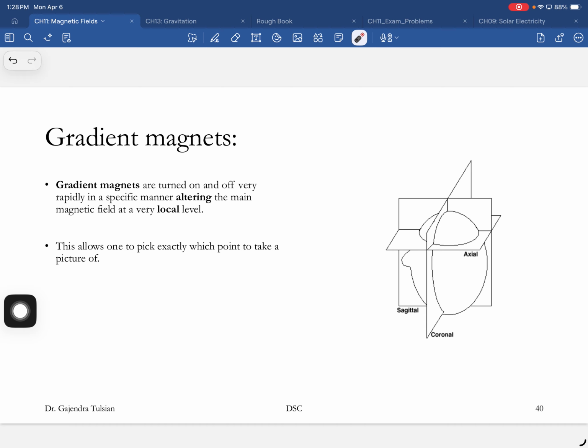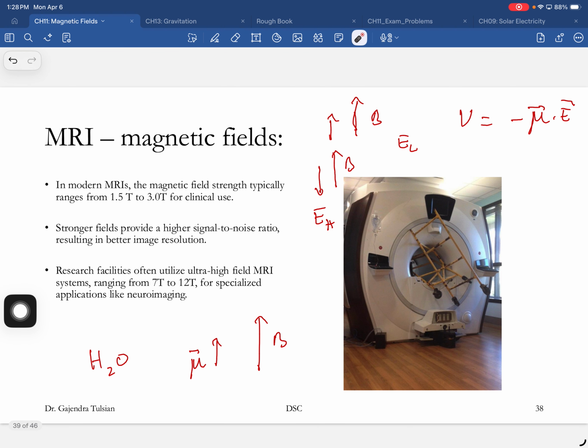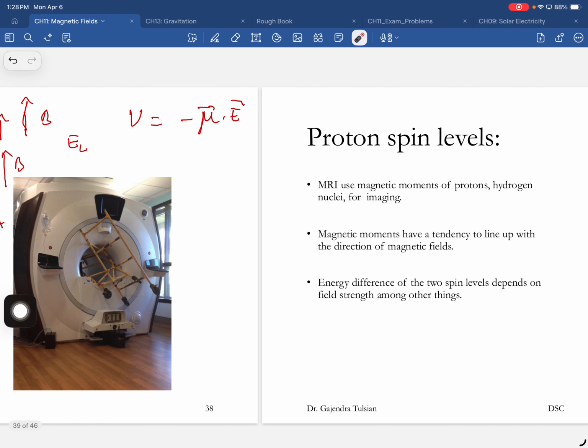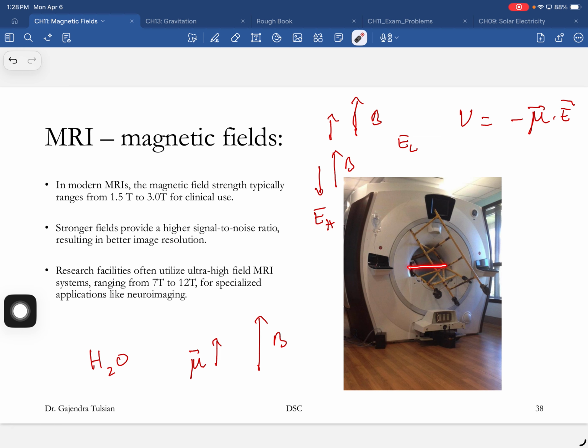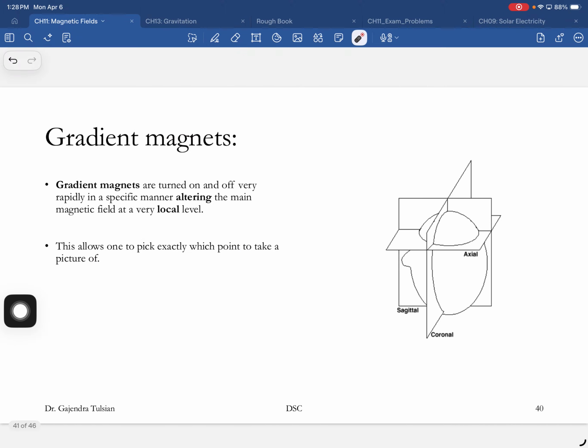So here's what they do. Inside there, the field is, let's say, 3 Tesla, but then they have gradient magnets which make sure that the field is different at every location in that grid. So these are gradient magnets making sure that at every point the magnetic field is different.